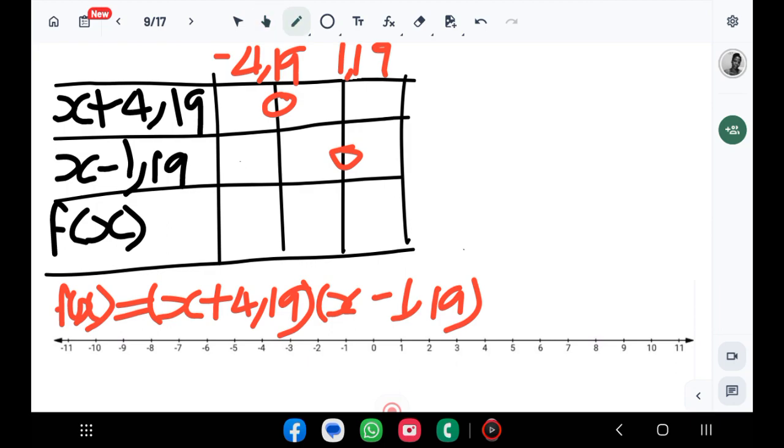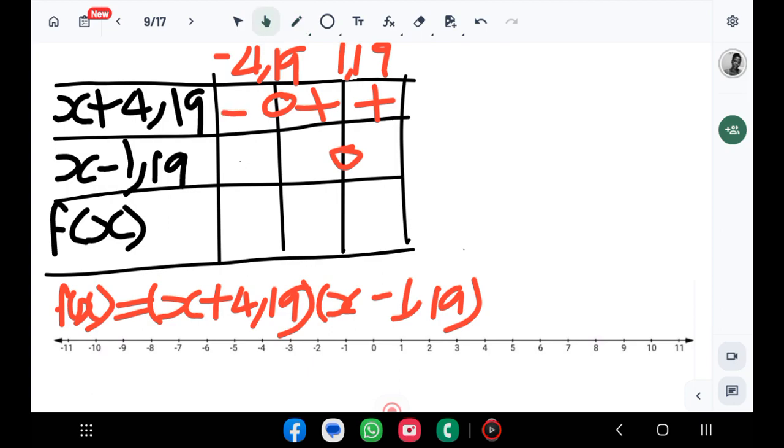And to the left of that, if you put any number less than 4/19, for example 4 minus 4/19, that is negative, so it will be negative to the left.